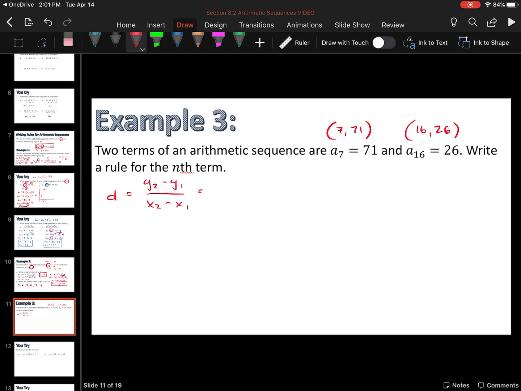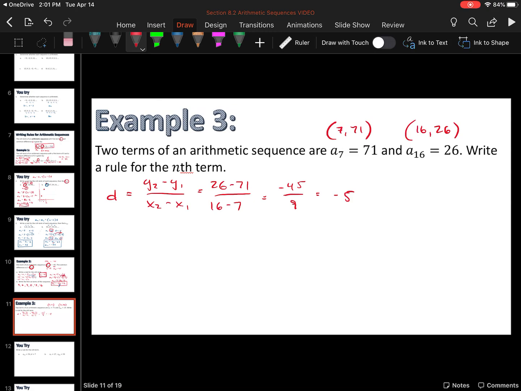Okay, and we plug some numbers in here. You're going to have 26 minus 71 over 16 minus 7, which gives us negative 45 over 9, which means my common difference here is negative 5. Okay, so that means we're going down 5 each time.